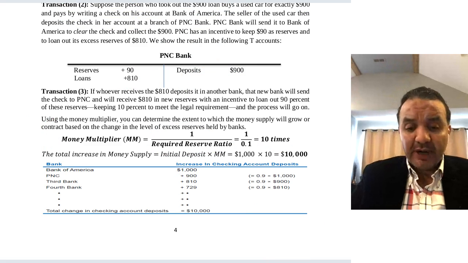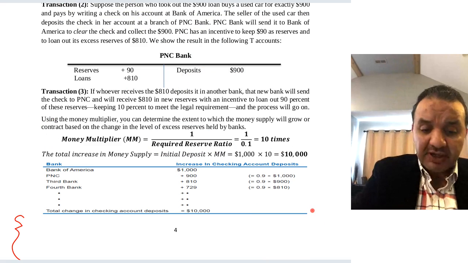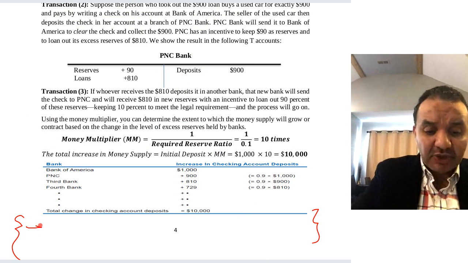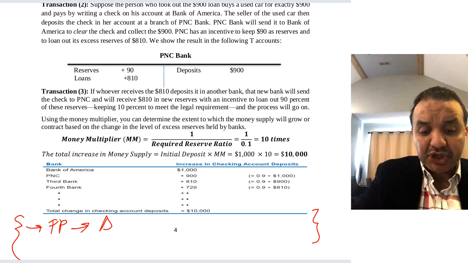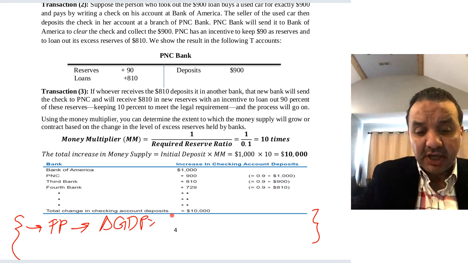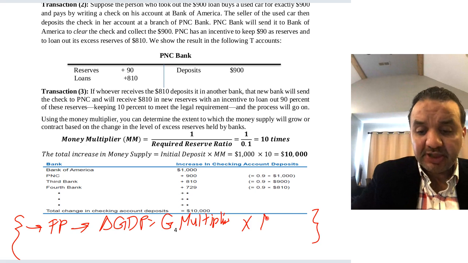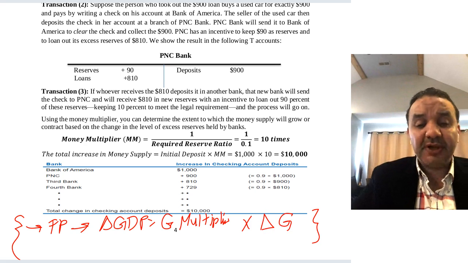I want to put everything in the same place. When I explained the fiscal policy, I said the change in GDP equals the government spending multiplier times the change in government spending.